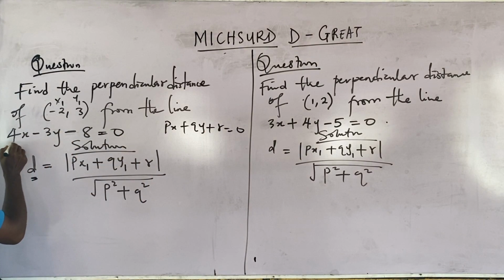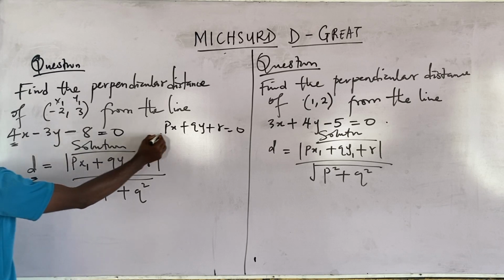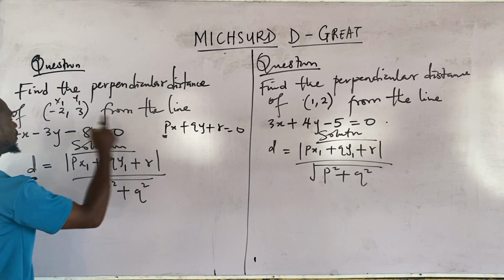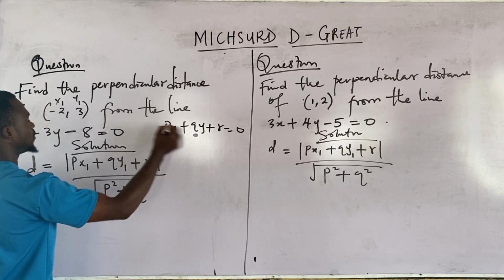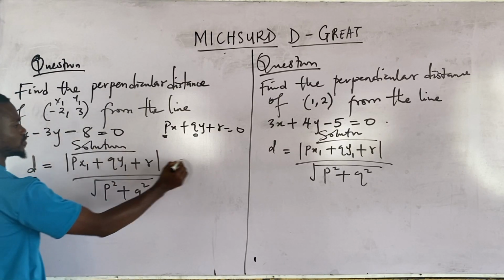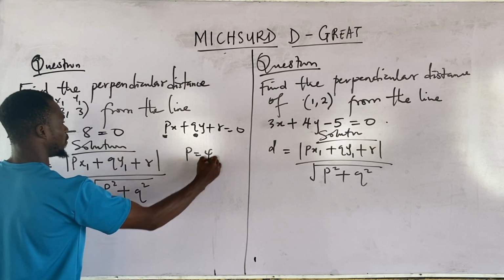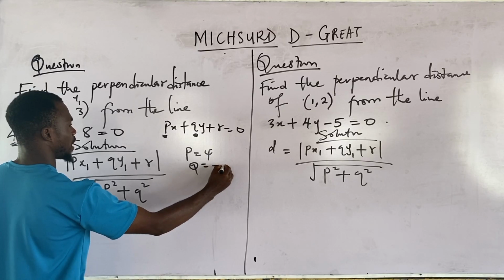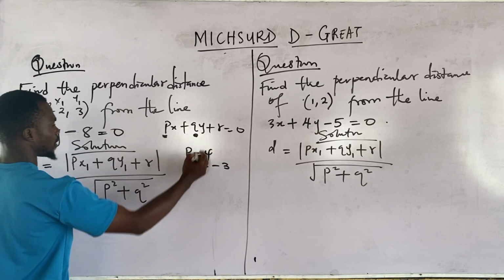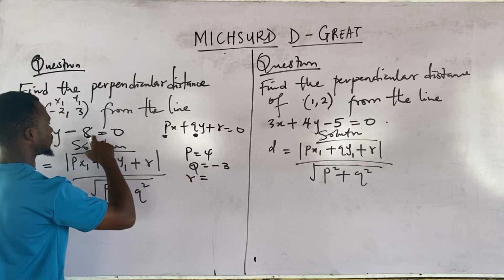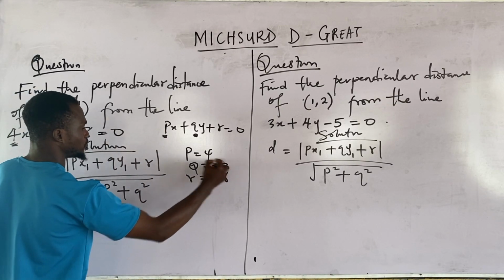Here you have 4x, here you have px, so p corresponds to 4. Then q corresponds to -3, so we have p is 4, q is -3. We can also see that our r is -8, so substitute -8.